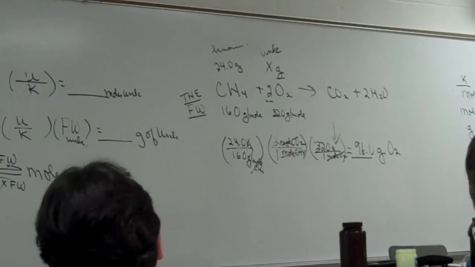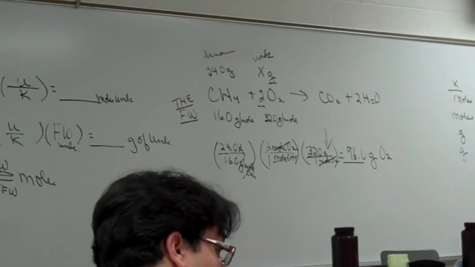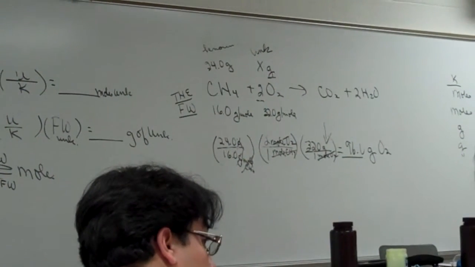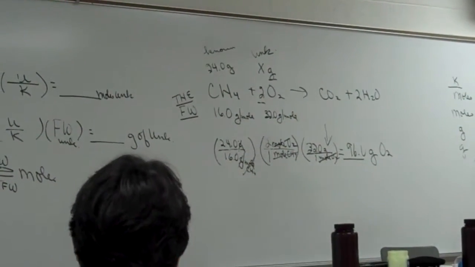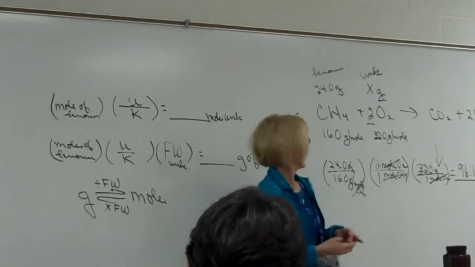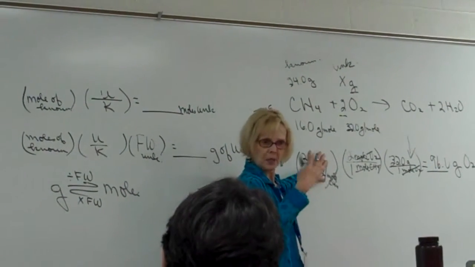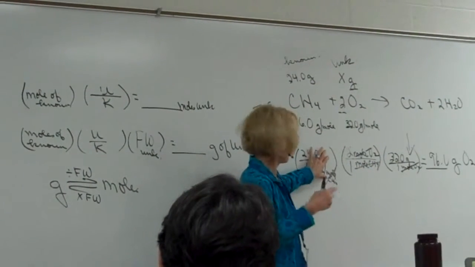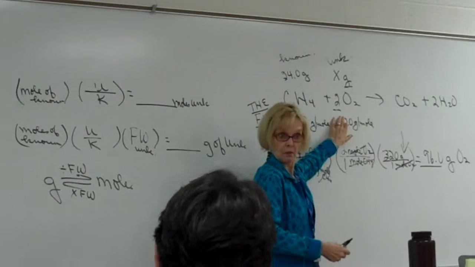Brittany, you look puzzled. You got a question? Okay, the mole ratio part again. I think I get that there's 2 moles of oxygen. Every time I have a mole of methane, I need twice as many.